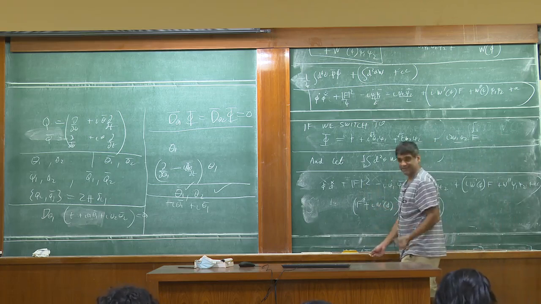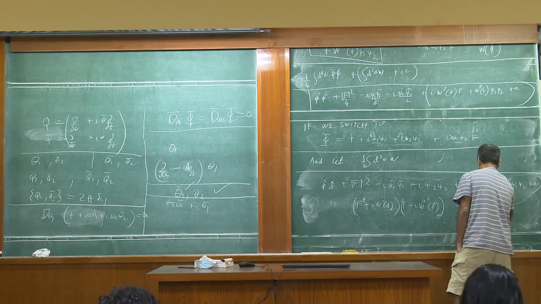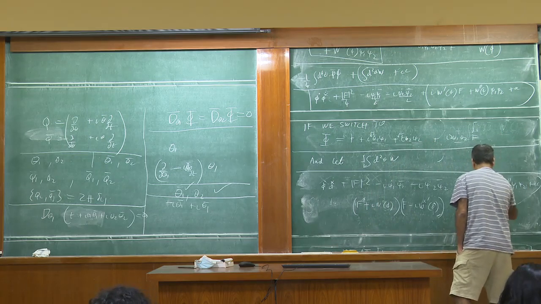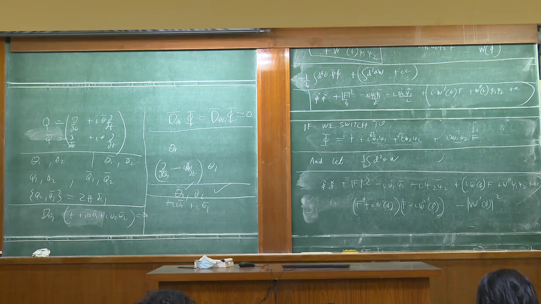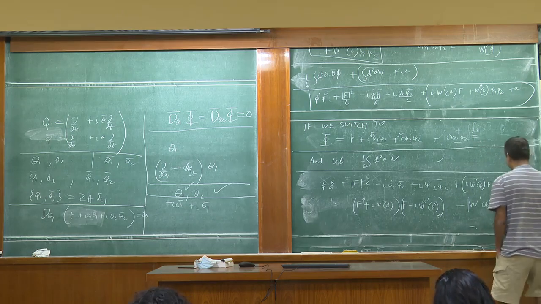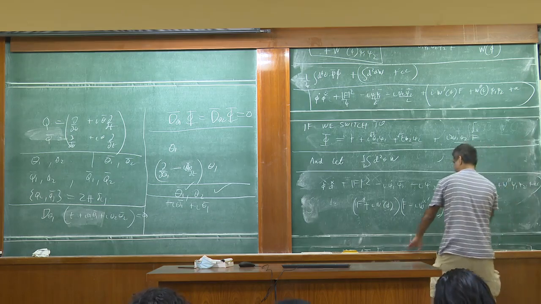So we would have compensated, getting a minus W prime phi squared, which is good because potentials should appear negatively. And in addition, we would have this term.